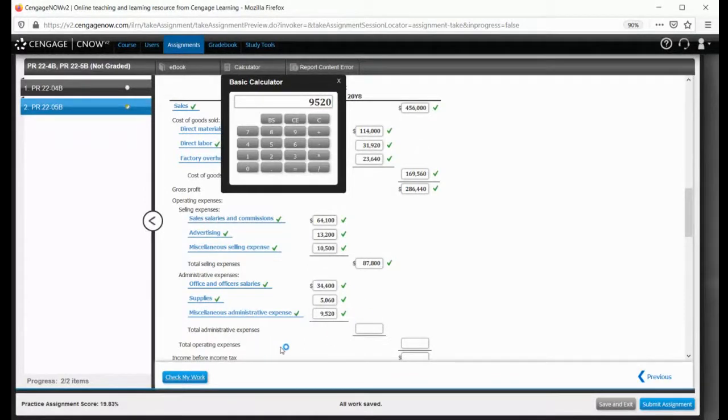Then we're going to determine our total administrative expenses. We're going to add these three together.